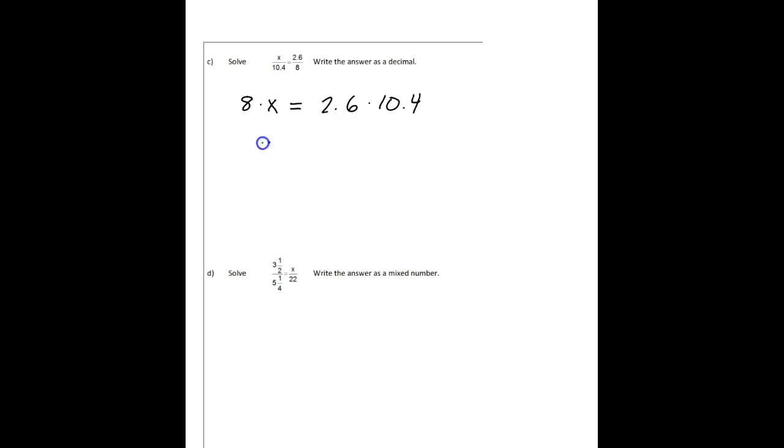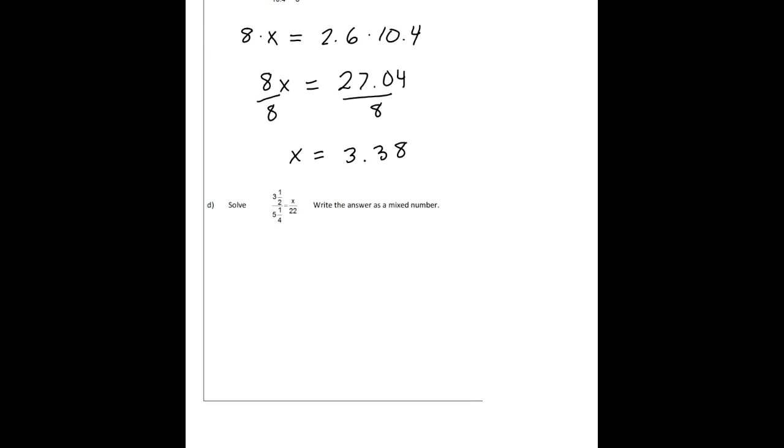I'm going to have 8x equals 27.04. I'm going to divide by 8 on both sides. And when I divide by 8, I get x equals 3.38. It says to write my answer as a decimal, and I did that, so I'm good.